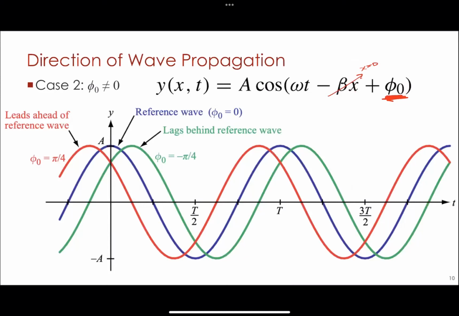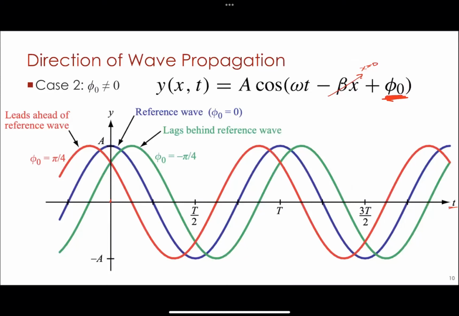For this particular drawing down at the bottom. Okay, and let's just consider the point t equals 0 right here. Okay, so if we plug in t equals 0, then what are we left with? We're left with 0 plus some phi 0.